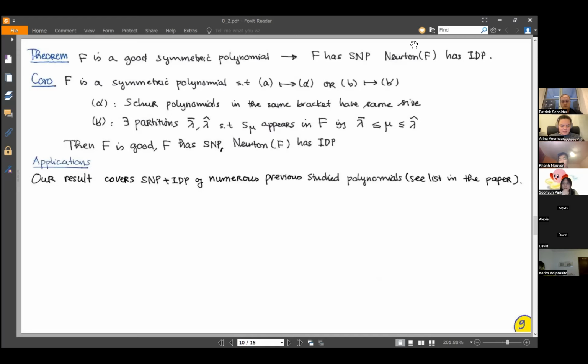In the next section, I give the dual Platonic polytope. So it is a new result, and it is also covered by our theorem. And from our theorem, we can conclude the dual polynomial also has SNP and the little polytope has IDP.